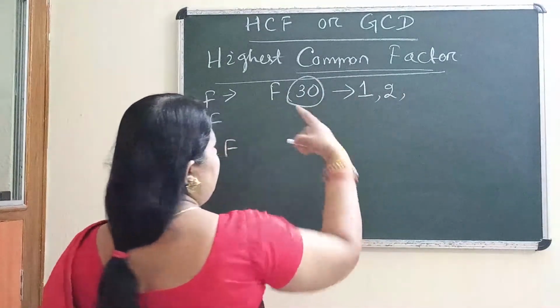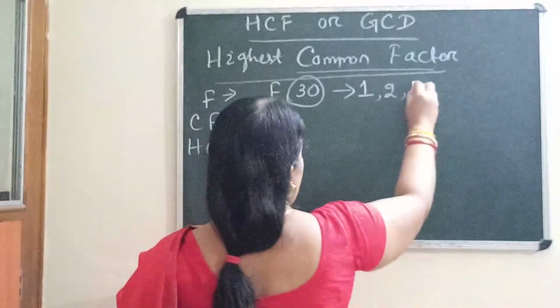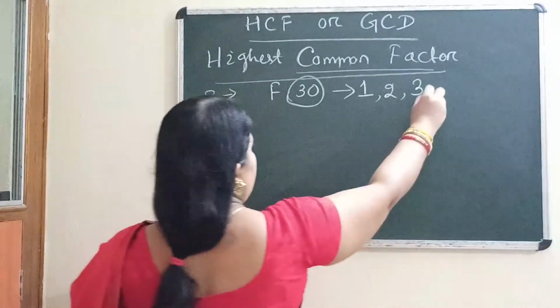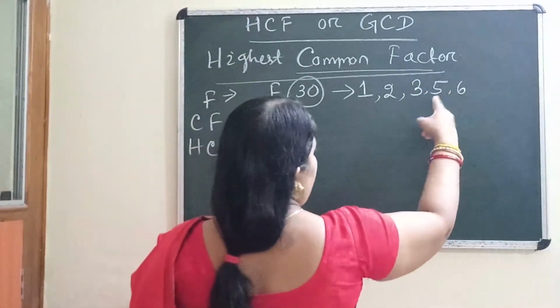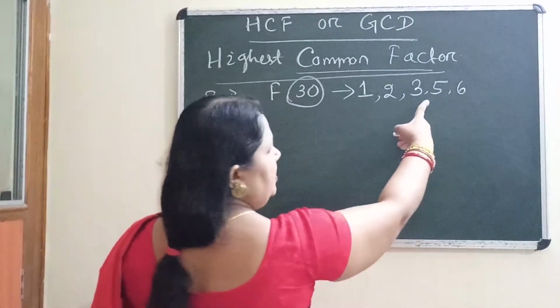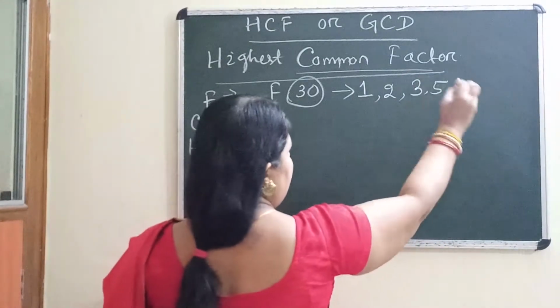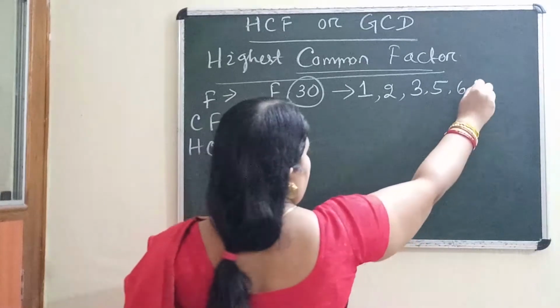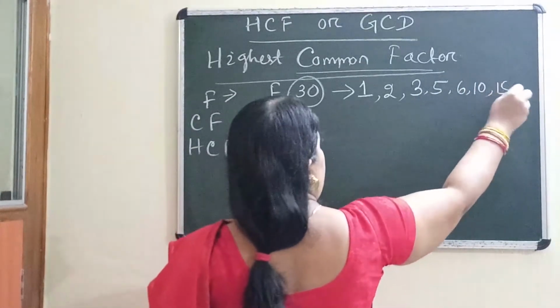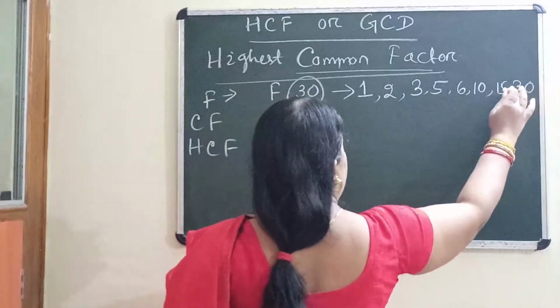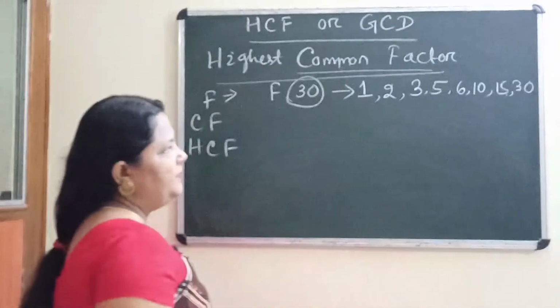Then 30 is divisible by 3 also, so 3 is a factor. Then 5 is a factor. 5 6s are 30, 6 5s are 30. So 5 is a factor, 6 is a factor. Next 10, next 15, and the number itself is the last factor.